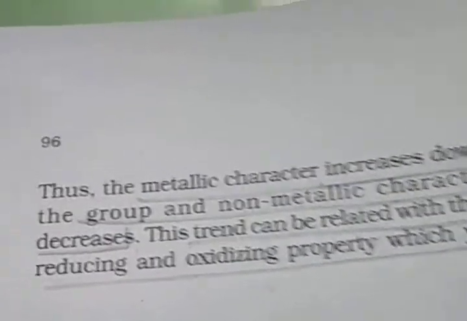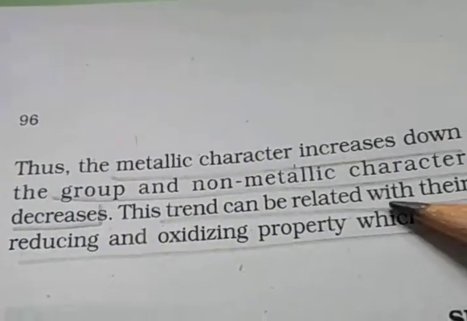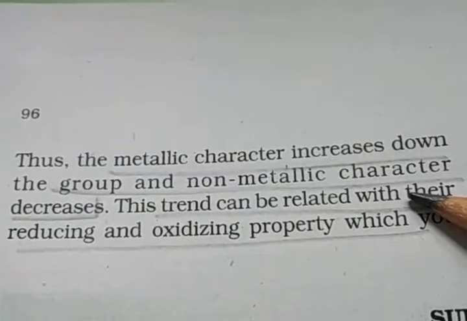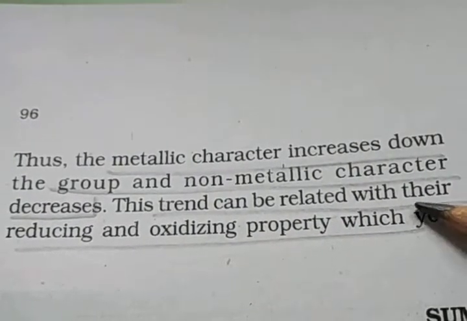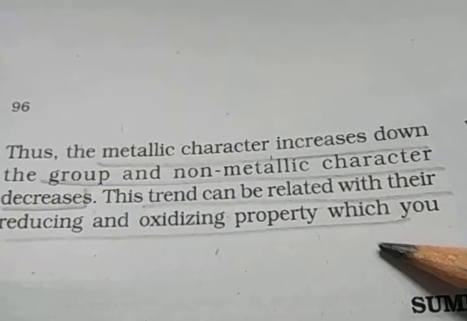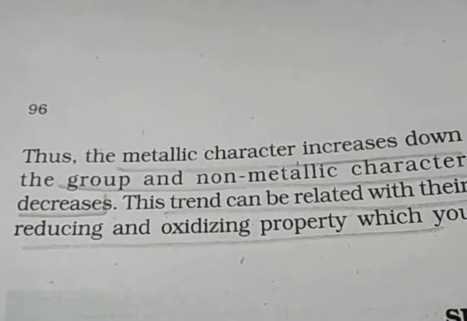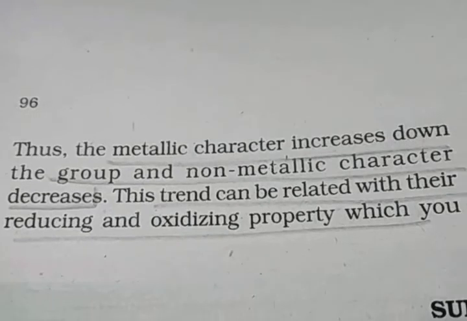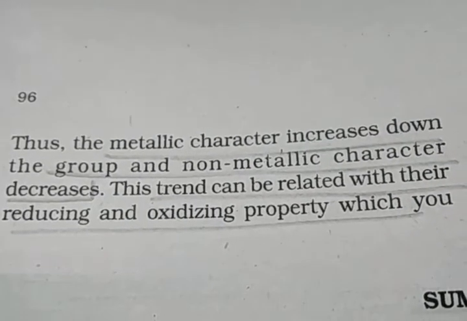So the metallic character increases down the group and non-metallic character decreases. This trend can be related to their reducing and oxidizing property. The next topic I will explain in the next video. Thank you so much.